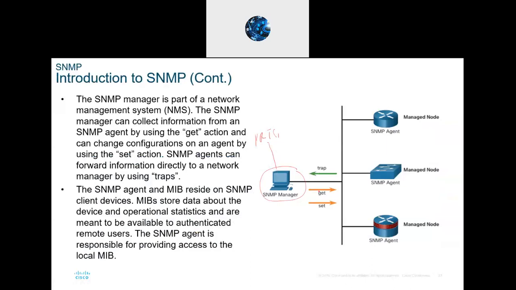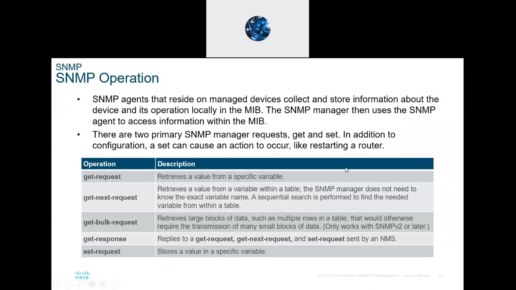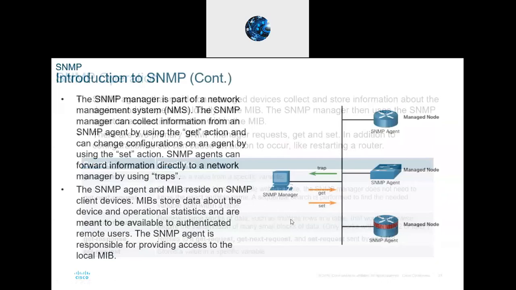This SNMP manager can send a get message, or it can send a set message. What is the difference between the two? The get is just to get information from any of these devices. It can be a switch, it can be a firewall, it can be a router. It sends a get message.